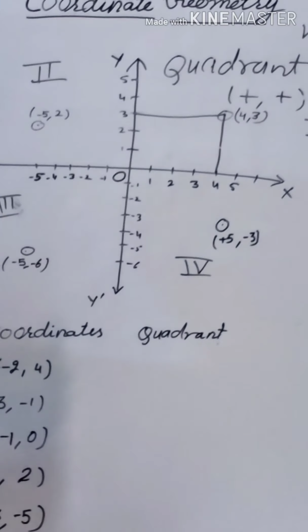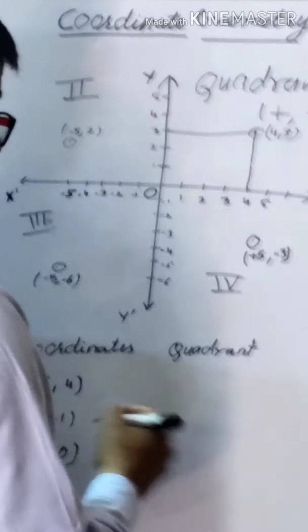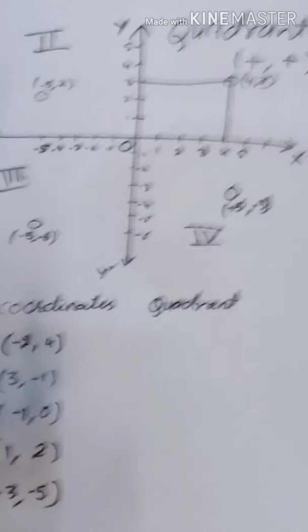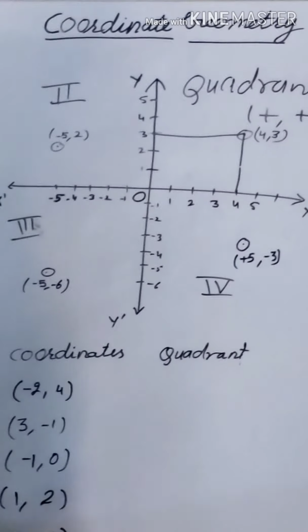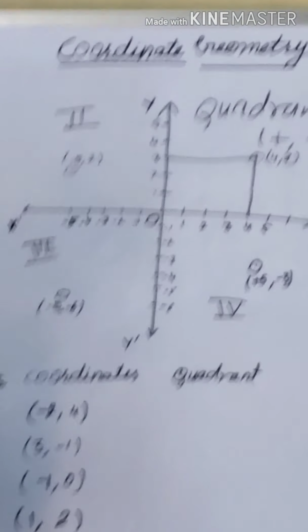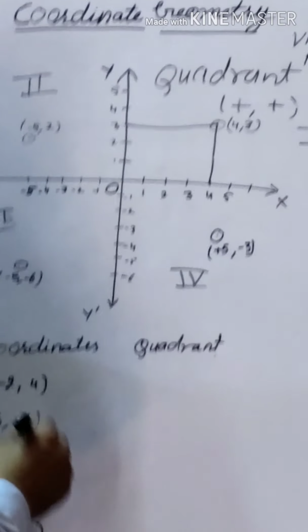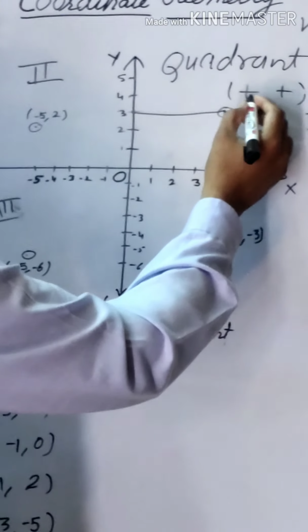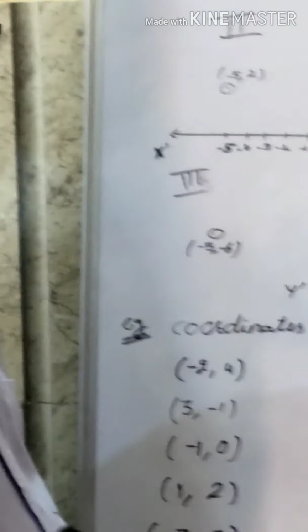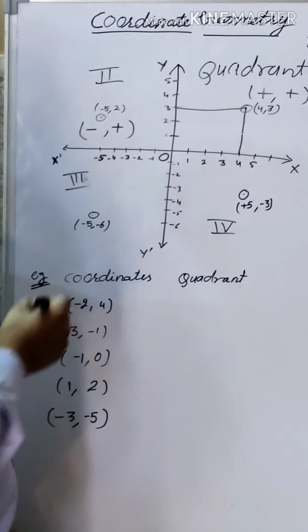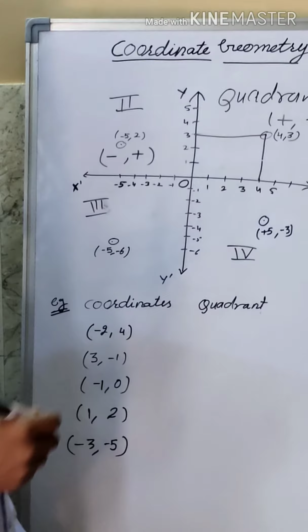So today, without the graph, how can we say in which quadrant the coordinates lie? If both are positive, then it will lie in first quadrant. It is clear. If x is minus and y is plus, then it will lie in second quadrant.